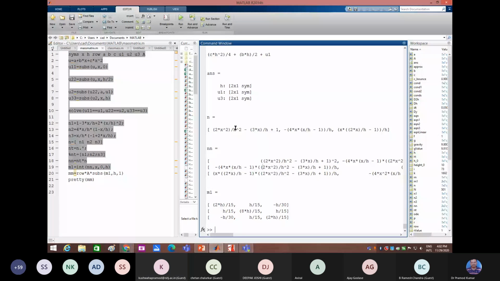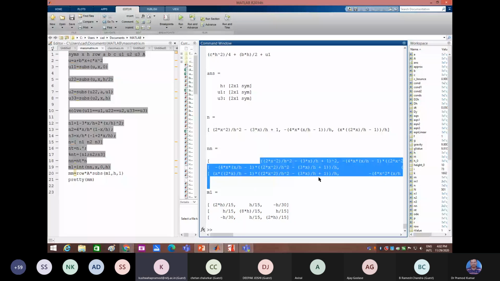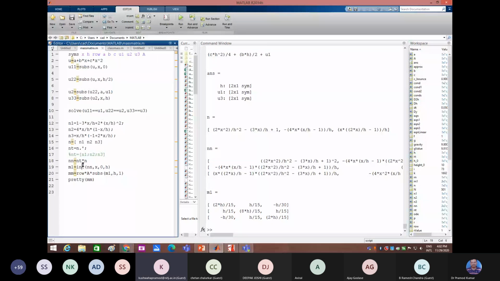N is this 3 by 1 matrix and 1 by 3 matrix, and then we multiply with this one. We get this 3 by 3 matrix. And then we do the integration of this matrix from 0 to h. And then we get this matrix. Otherwise, it will be very difficult to get this unless you know the symbolic.